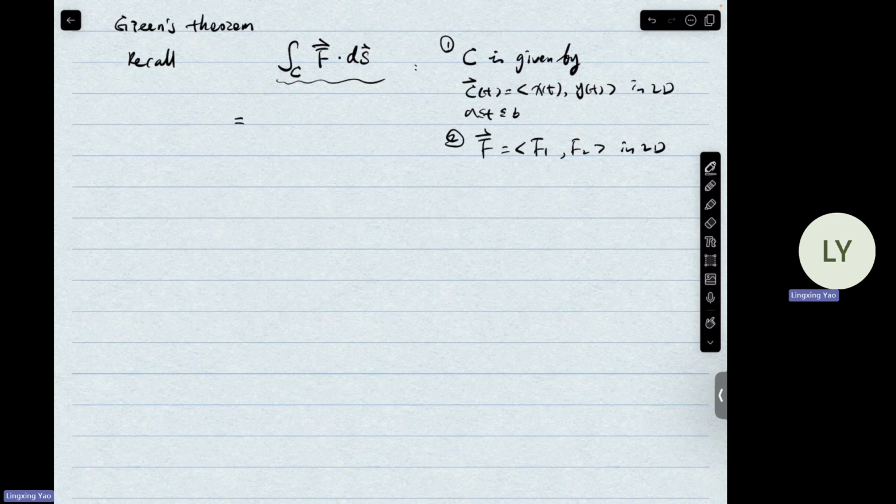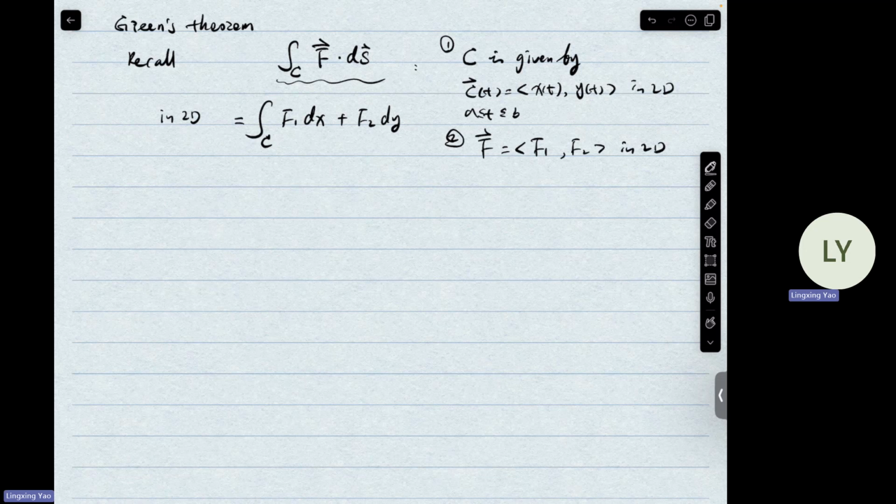If we write this in 2D, the line integral of the vector field will be written as F1 dx plus F2 dy, and then the integration is on the path C. Those are the notation we stick with.